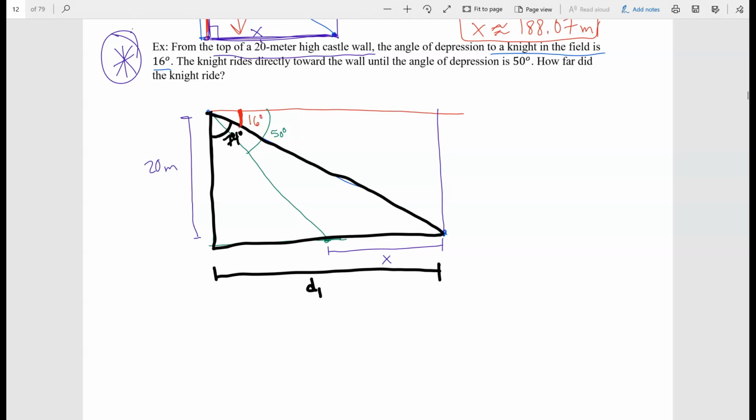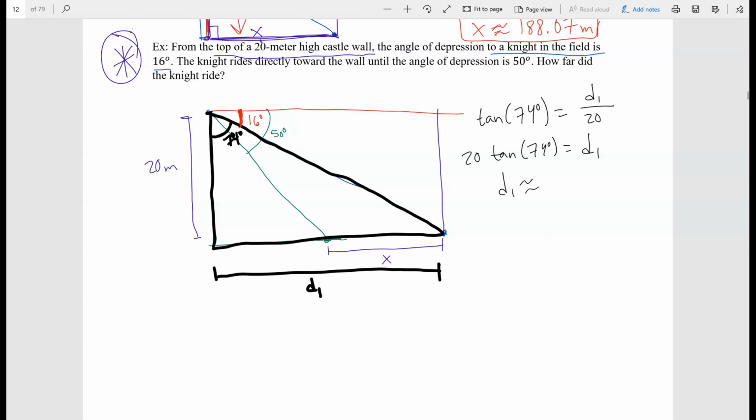Now all we got to do to figure out this D1, this big distance, is the opposite over the adjacent. So that guy is just going to be the tangent. So the tangent of 74 degrees is equal to D1 over 20. So I'm going to move the 20 over. 20 tangent of 74 degrees is equal to D1.